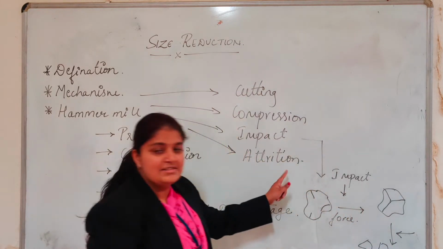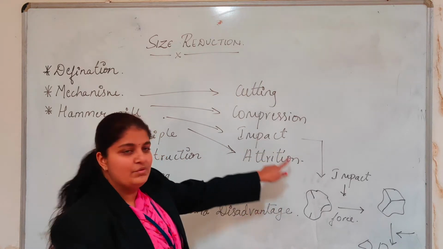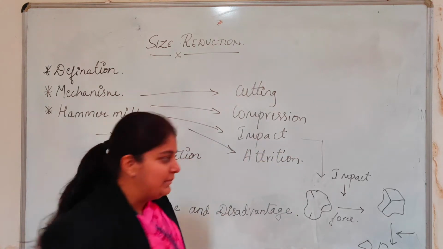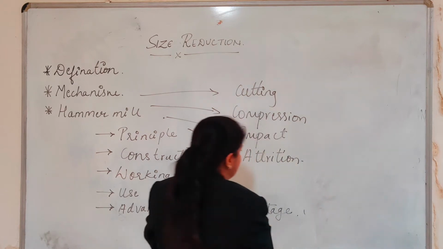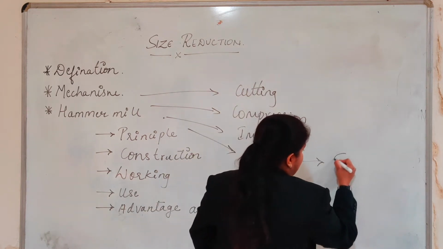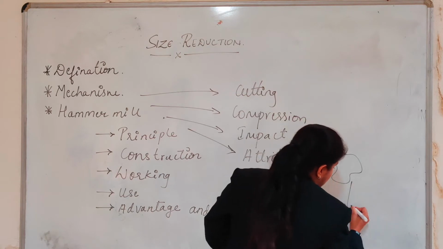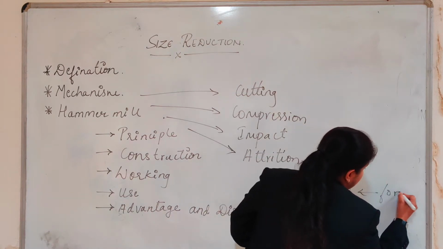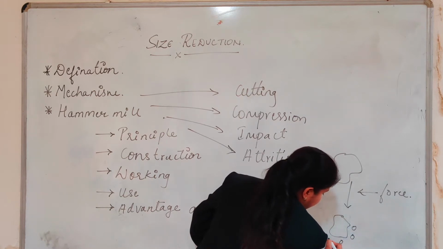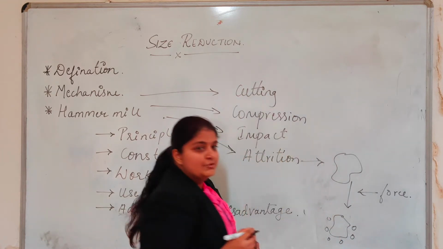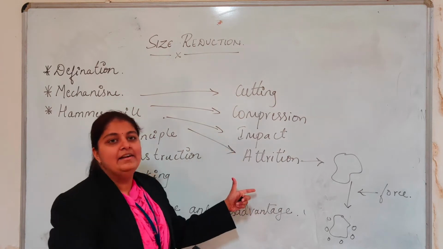So this is the process of size reduction in the case of impact. Next I will be discussing attrition. When it comes to attrition, we have a larger particle. When a force is applied, the particles start breaking at the edges. So this is the difference between impact and attrition.